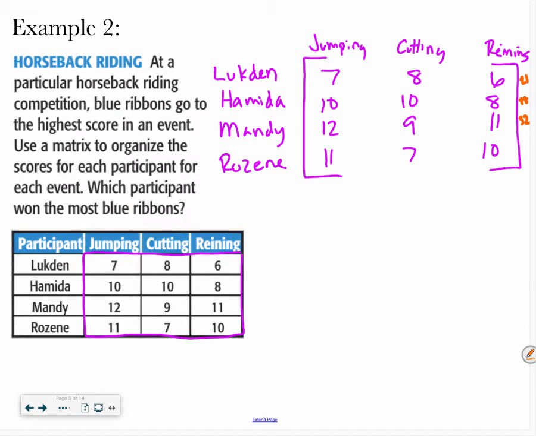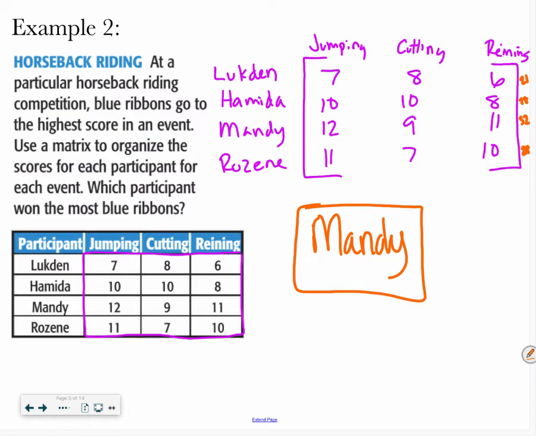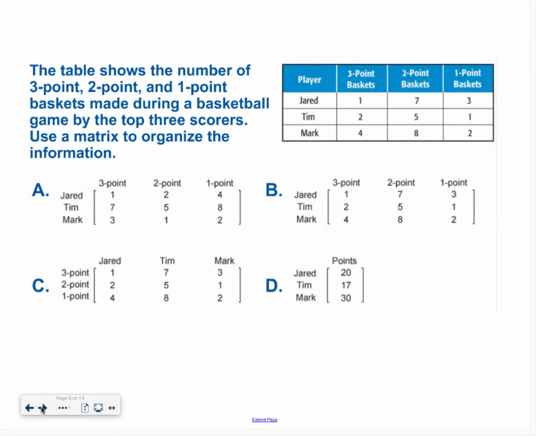For Rosine, 11 plus 7 plus 10 gives me 28. So I know that Mandy is the overall blue ribbon winner, and that is what I would write. When grading these, I would look for both the matrix and the answer to the question. Go ahead and take a look at this example and try it on your own.